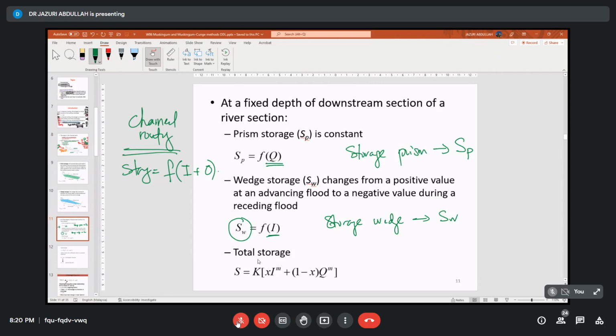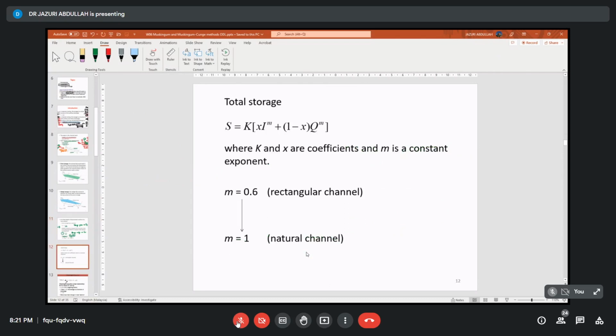Okay, so we have the total storage, which is the summation of SP plus SW. So it will give that equation. And then we look at the K value and X coefficient; M is a constant. K and X you can calculate, but M is a constant value that depends on which you use: either the rectangular channel or the natural channel.